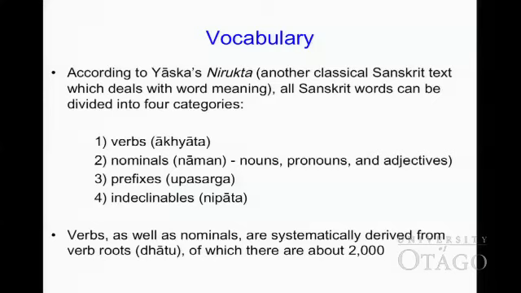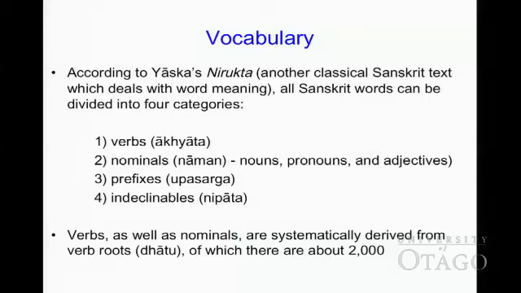The vocabulary, according to the Yaska Nirukta, another classical Sanskrit text which deals with word meaning: all Sanskrit words can be divided into 4 categories. The first part is verbs or akhyata.